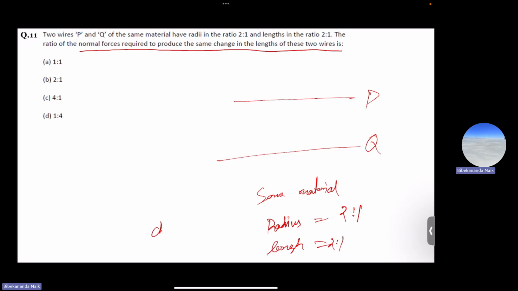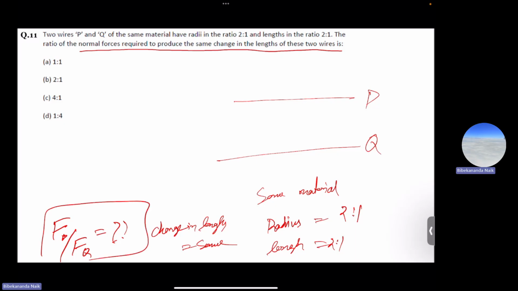So change in length same, and we need to find out the normal force. So what will be the Fp by Fq? This is the question. So it is a bit different. We need to find out the force so that the change in length will be constant. So here the variable is different. So I'll give you a few minutes to think about this question and try to solve it, and then we will discuss what will be the correct answer.